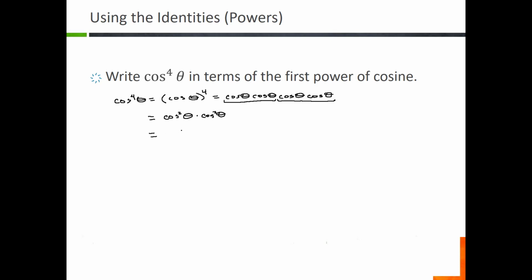We know cosine squared of theta can be rewritten as 1 plus the cosine of 2 theta all over 2. So that's the first part that's being squared. We also have the second part, so it's another 1 plus cosine of 2 theta all over 2.